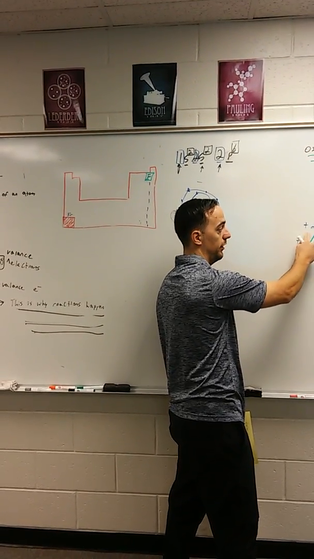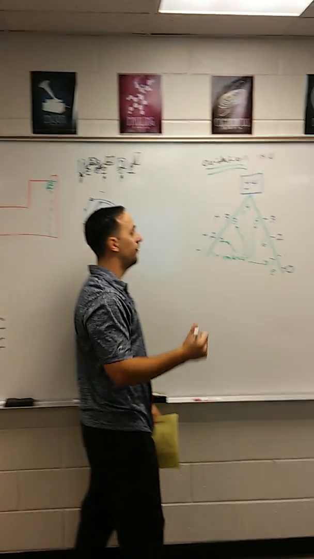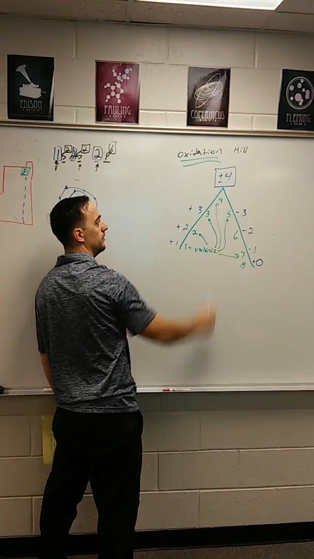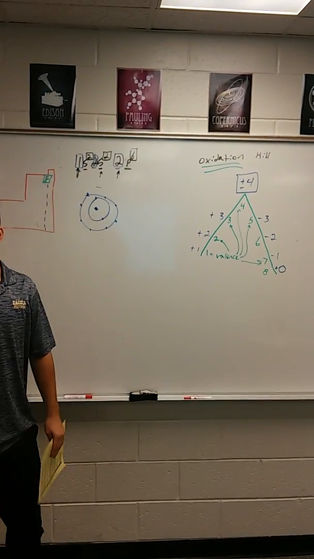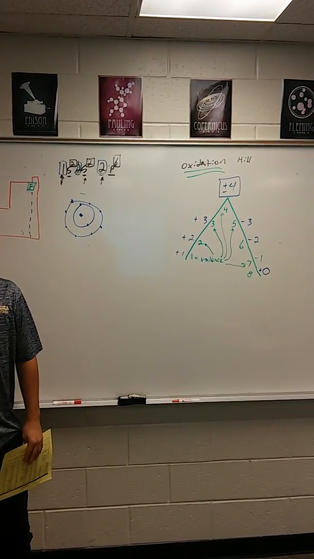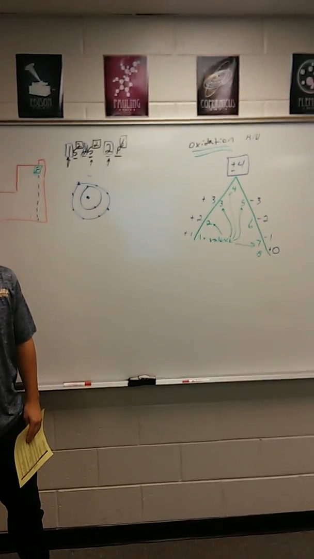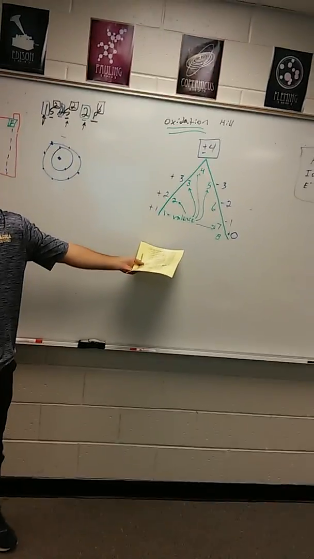Plus 2. Okay? Micah, if I say that I have valence electrons of 4, what's my oxidation number? Plus or minus 4. Yeah, exactly. It's both at the same time. See how easy this is to use, guys?